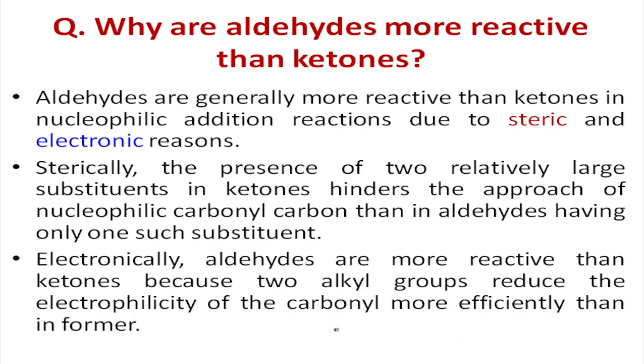Okay, the aldehyde has C double bond O with an H, and the ketone has an R. So in the aldehyde there is only one alkyl group, whereas in the ketone there are two alkyl groups, which are large. So for the incoming nucleophile there is less space; this clash of the groups and atoms of the compound is called steric hindrance.